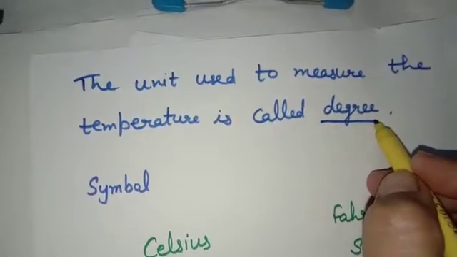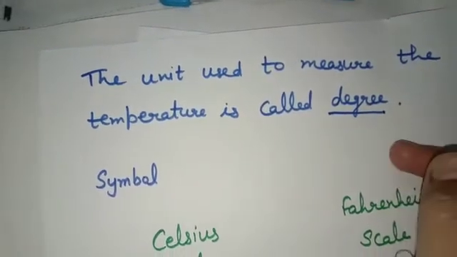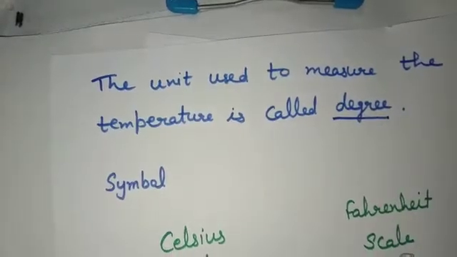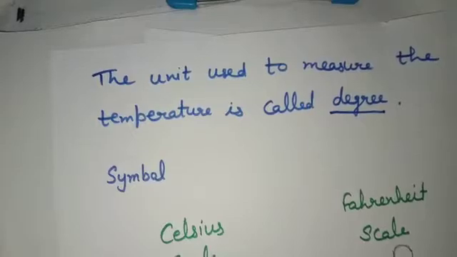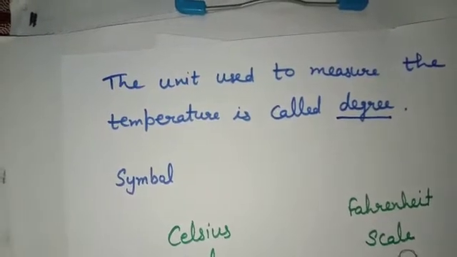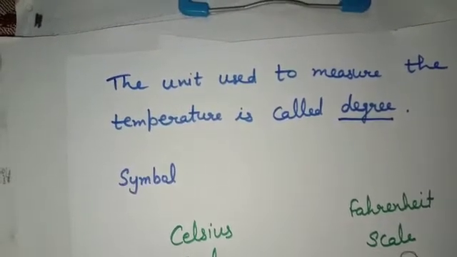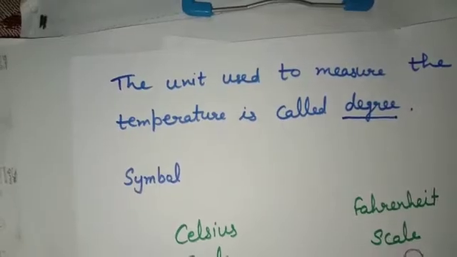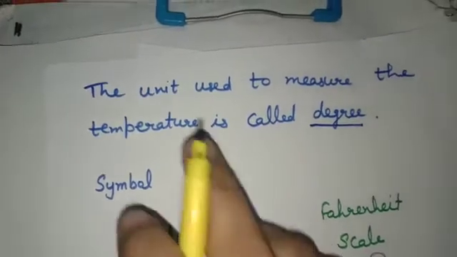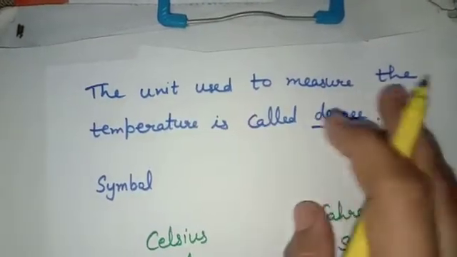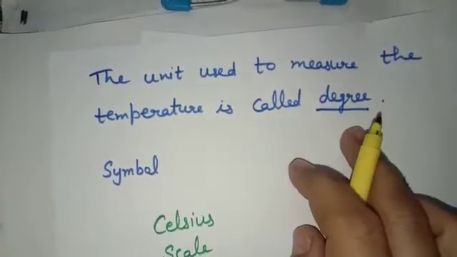Here, before worksheet 1, we have some introduction to the terms related to temperature. Temperature is the measure used to check hotness or coldness of a body. The instrument used to measure the temperature of a body is called thermometer, and the unit used to measure the temperature is called degree.